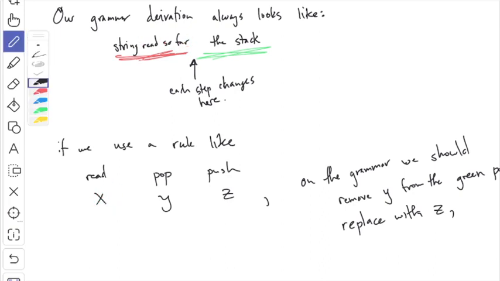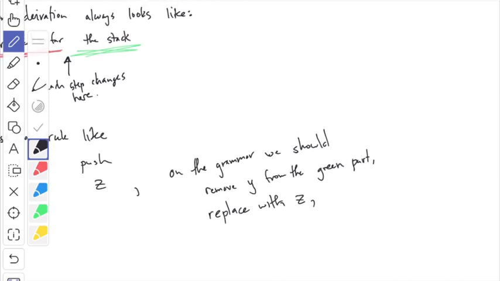So we should remove Y from the green part. When I say from the green part, I mean the left side. Sorry, I said this out loud. I should have written it in there. We remove Y from the left side of the green part, replace it with Z, and add X to the right of the red part.